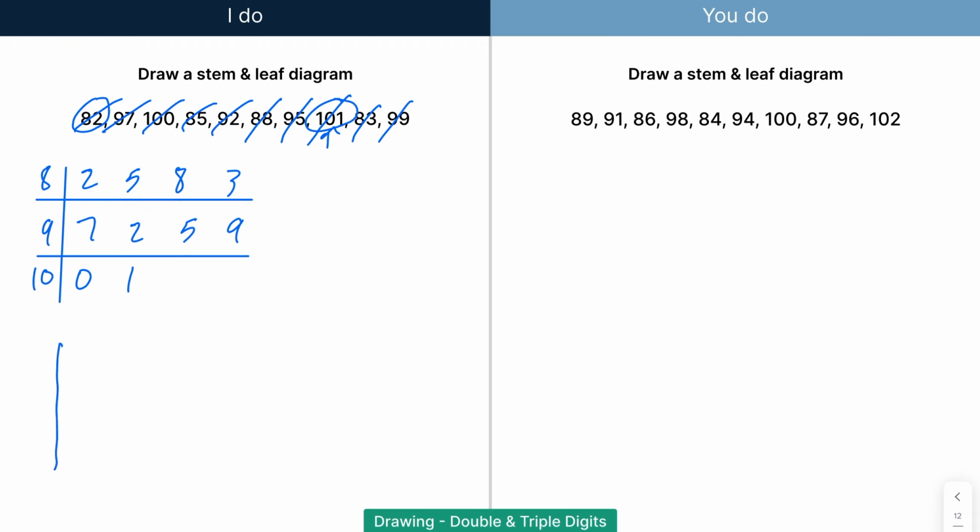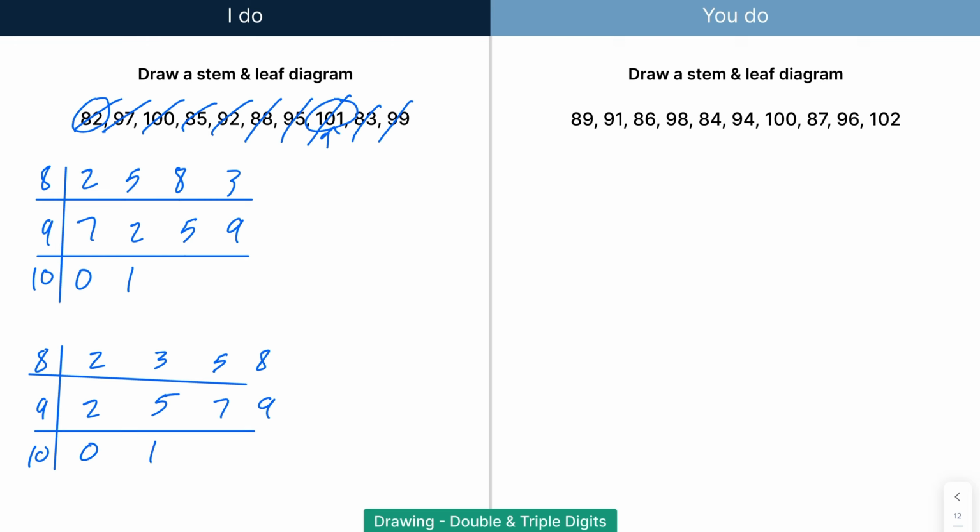That would become 8, 9, 10, 2, 3, 5, 8, 2, 5, 7, 9, and 0, 1, and then for the key, we have 92 means 92, like that.